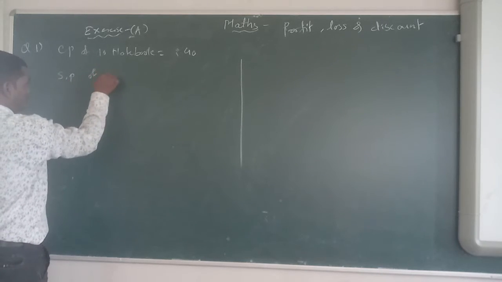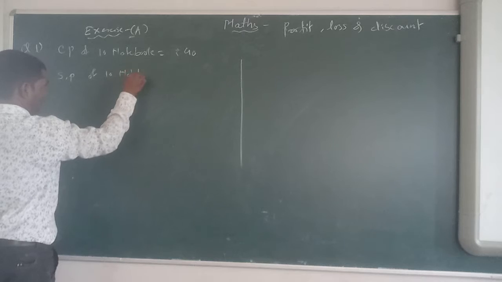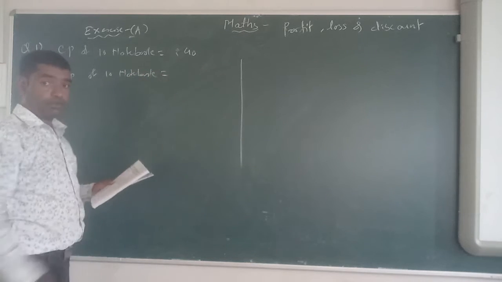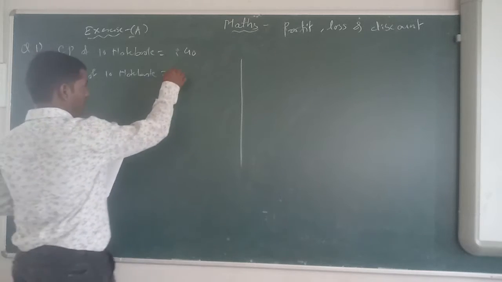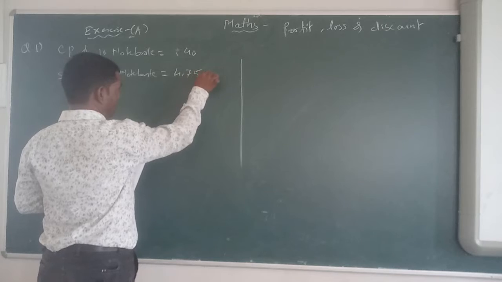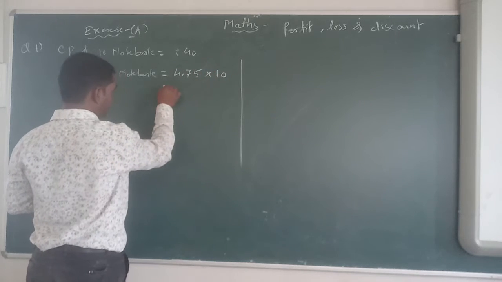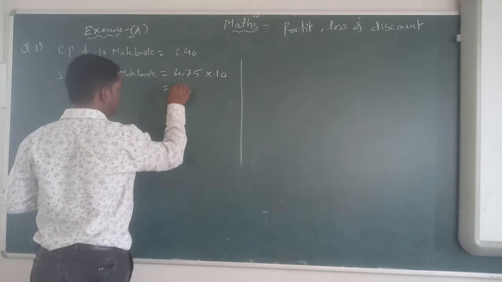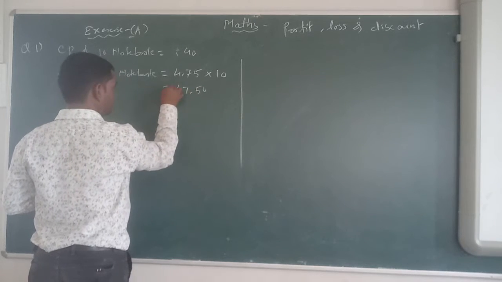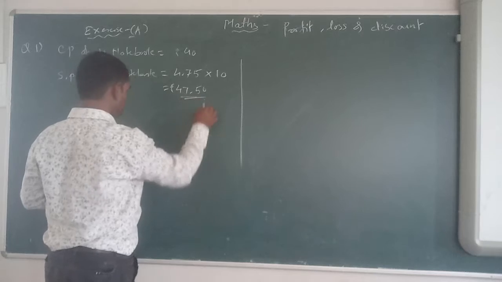She has sold at 4.75 per notebook. What is the price of one notebook? 4.75 multiplied by 10. So what is the SP? SP will be 47.50 rupees. This is the SP.